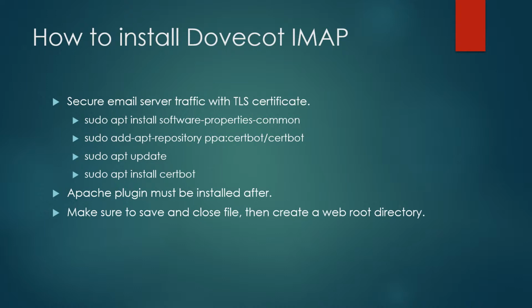After that, you have to create the virtual host file. When that's done, you have to save and close the file and make sure you create the web root directory.